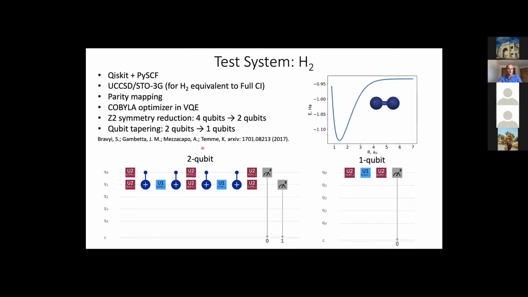Additionally, we're using the qubit tapering method described in this paper, where using even more symmetries, we can reduce the number of qubits to 1. So we have this 2-qubit system over here, and a 1-qubit system that we're going to run simulations on.